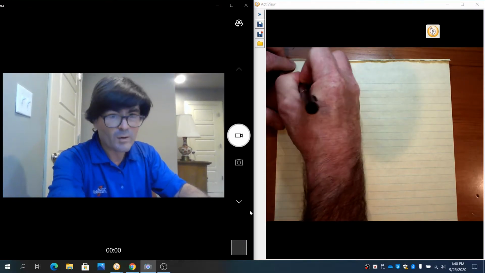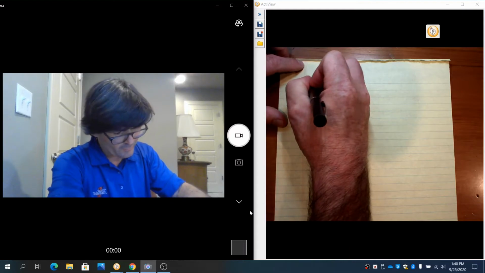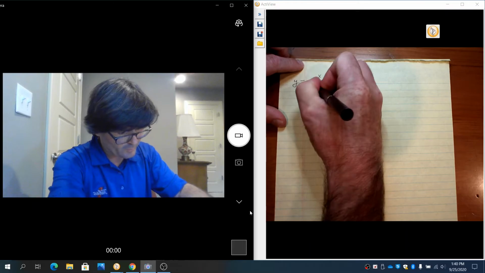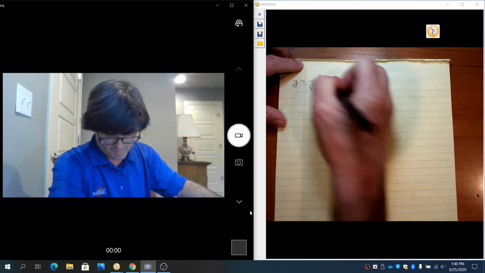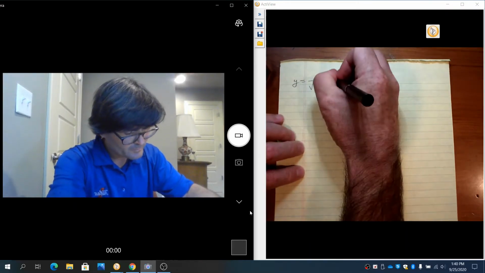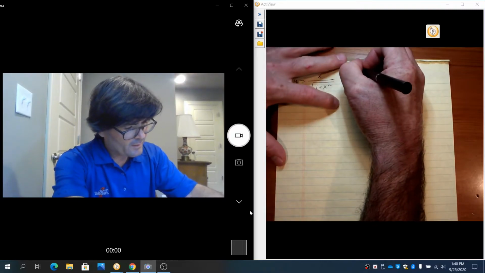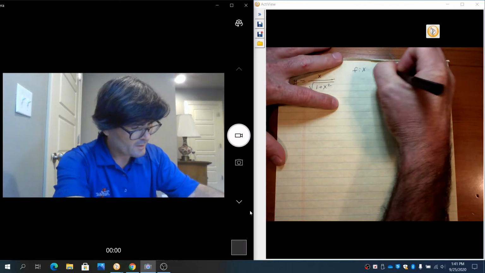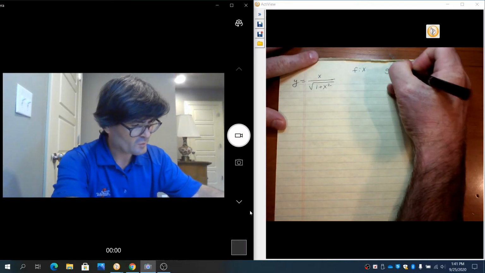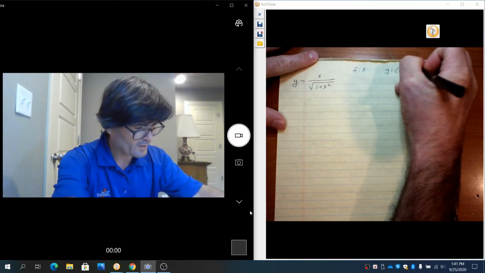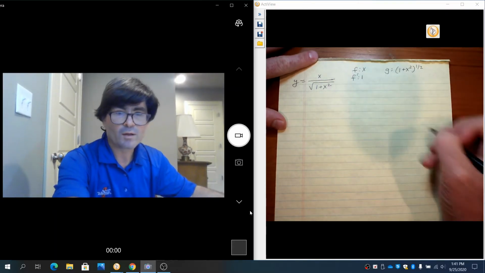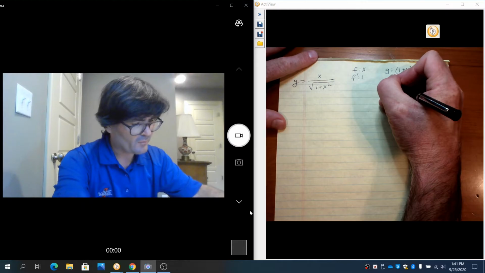So I'm going to do y equals x over the square root of 1 plus x squared. F is x, and g is, I'm going to write this as 1 plus x squared to the 1/2 power. F prime is 1, and now g prime is going to involve a chain rule.